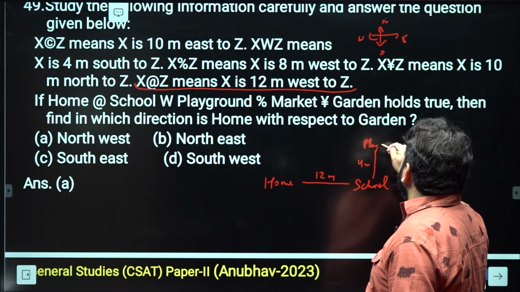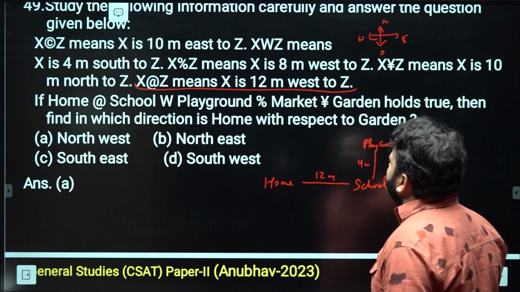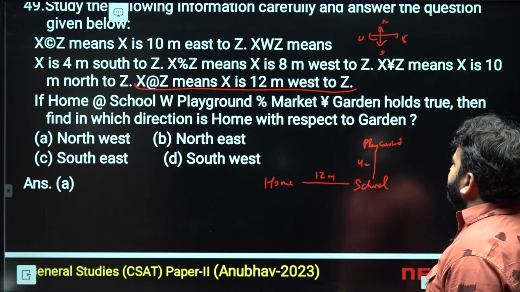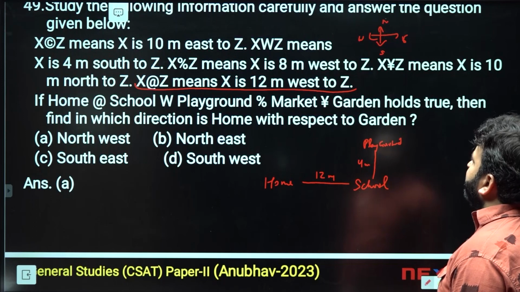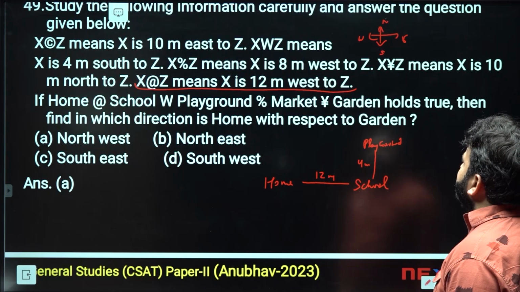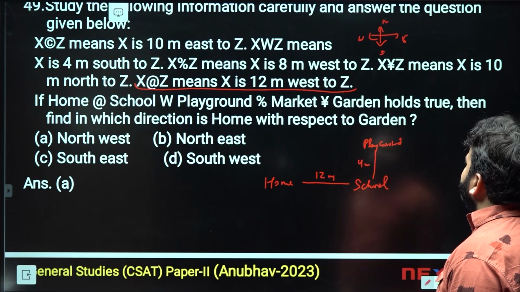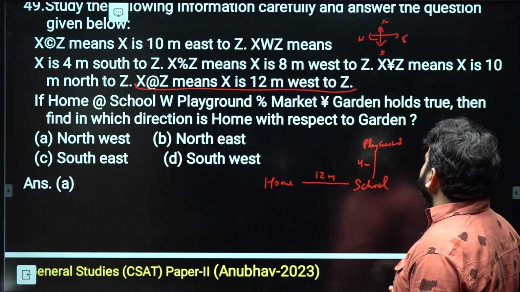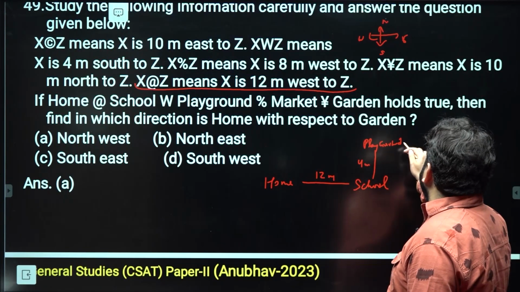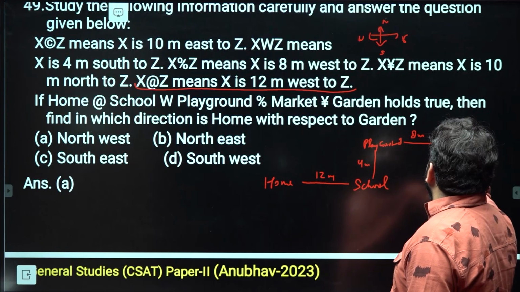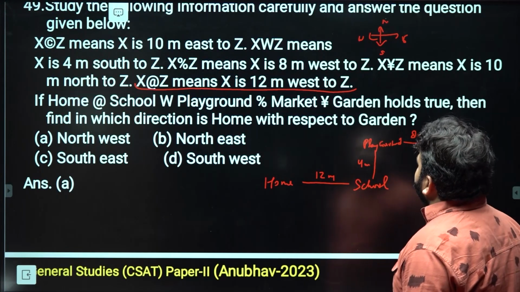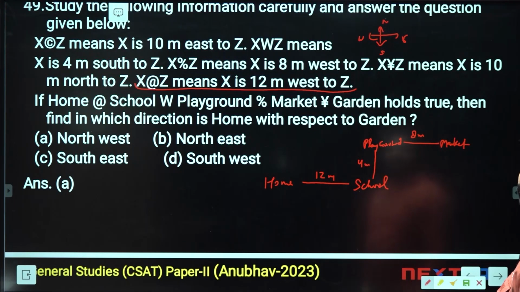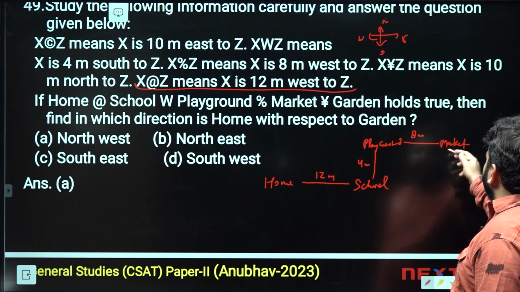Then playground percent market means playground is 4 meter west to market, so 8 meter west to market. And market y garden means market is 10 meter north to garden.